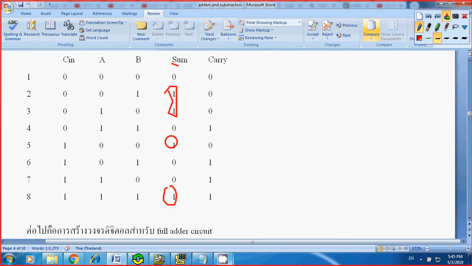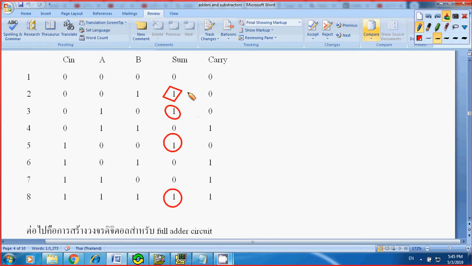If you take a look at your input, you have to write your output sum in terms of input C in, input A, and input B. Let's break it apart. I'm going to break the sum up; I'll call this sum 1, this is sum 2, sum 3, sum 4, for easier understanding.